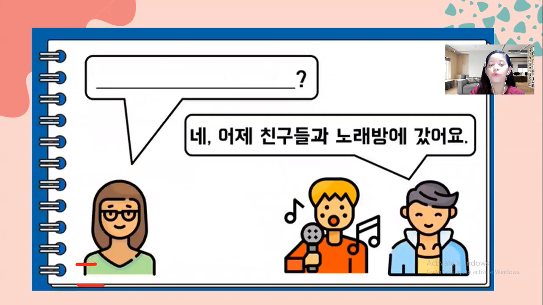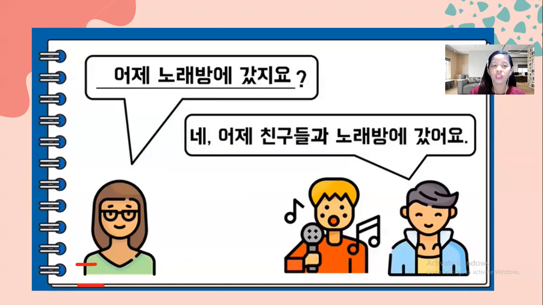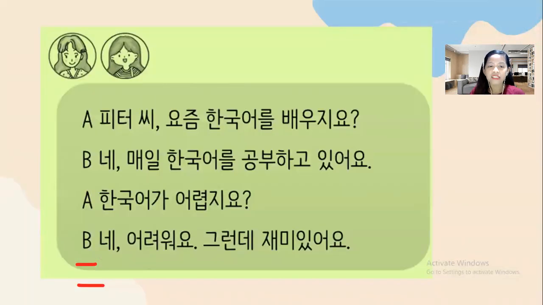Alex? 오, 맞아. 어제 노래방에 갔지요? 네, 어제 친구들과 노래방에 갔어요. Right? So, you went to the karaoke yesterday, right? Yes, I went to the karaoke with my friends yesterday. Okay, very good, 여러분. Right. This time, 우리 같이 읽어 보세요. Okay. 제가 A는, 여러분 B는.